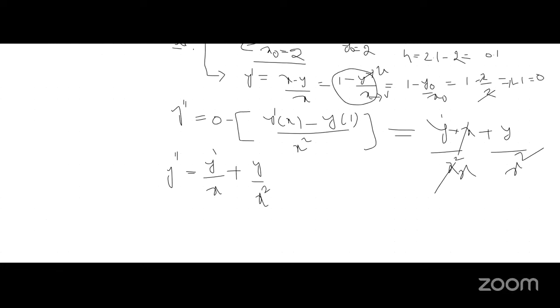Now we need to find minus y dash of x naught by x naught plus y of x naught by x naught whole square, which gives 1 by 2. Now all these values we have to substitute in the formula: what is phi dash of x naught, what is phi double dash of x naught.